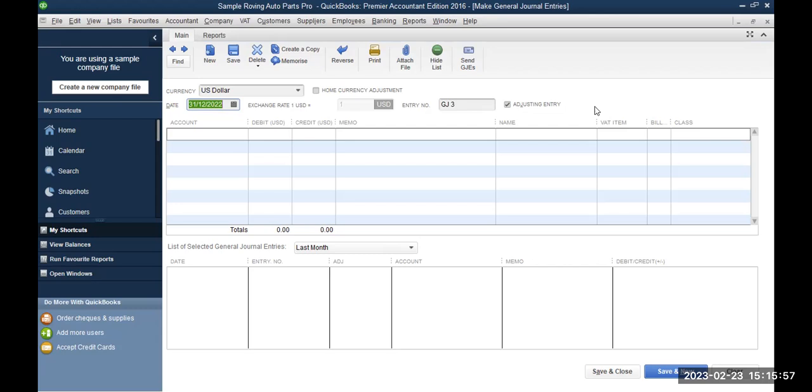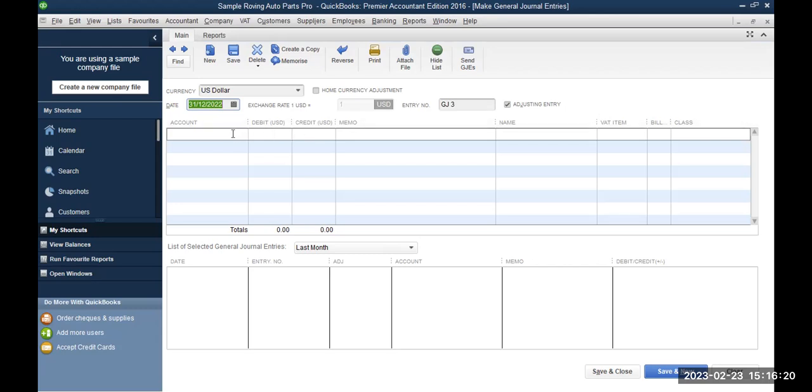Another journal that you have to pass is the depreciation journal. As I said, QuickBooks doesn't do the depreciation calculation for you. So you have to have a spreadsheet where you do your calculations for your fixed assets by the different percentages that you apply for your different asset classes. Then you pass a journal, okay?